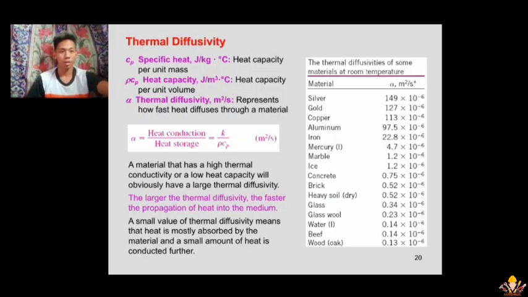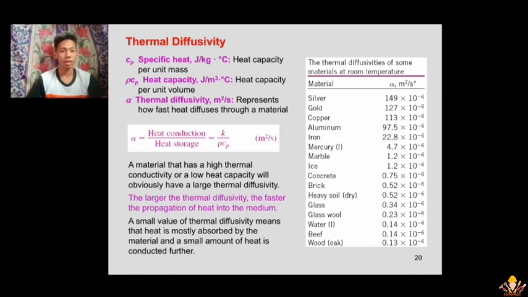Thermal diffusivity: specific heat is joule per kilogram degree Celsius. It is the heat capacity per unit mass. Heat capacity is joule per cubic meter degrees Celsius, the heat capacity per unit volume. And thermal diffusivity is meter squared per second.